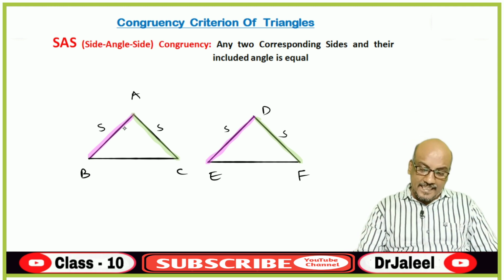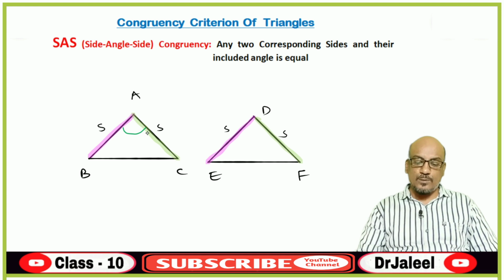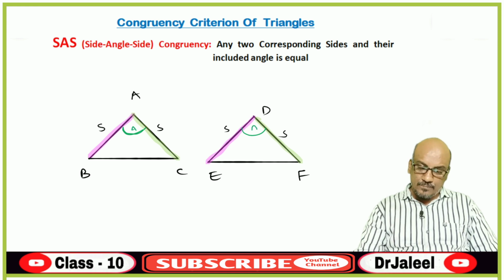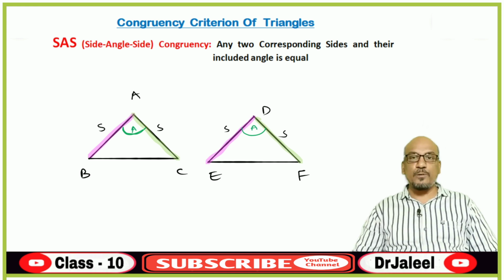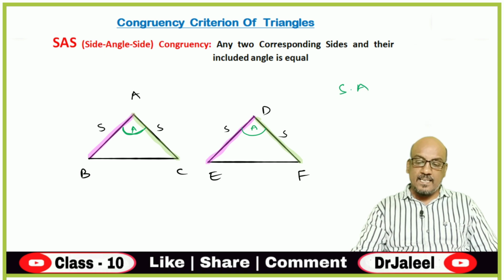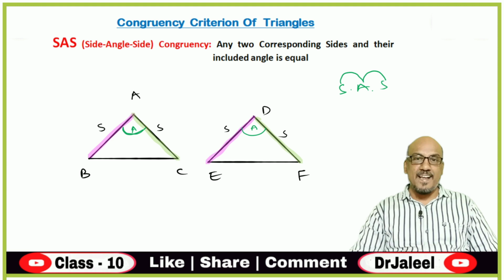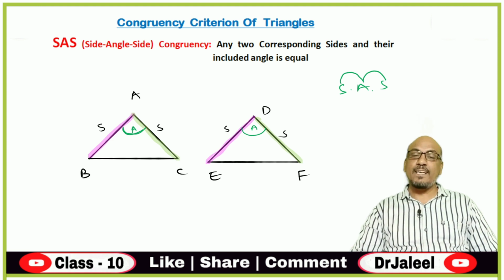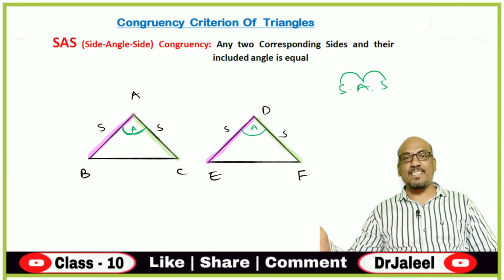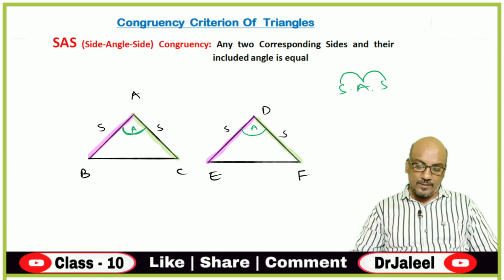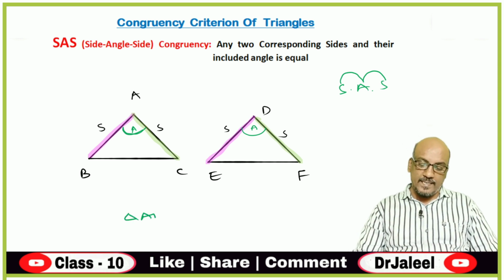But you know that the included angle of these two sides, the angle made by these two sides, are equal. That is, angle is equal to angle. So I hope you have understood. SAS means side, angle, side of one triangle are equal to the corresponding side, angle, side of another triangle. Then they both are said to be congruent. ABC is congruent to triangle DEF.